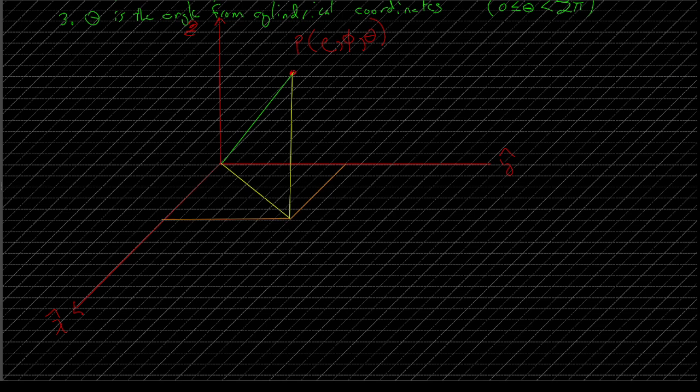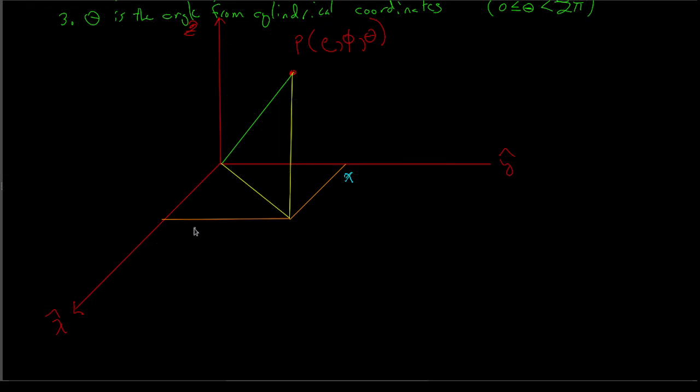All right, so first off, this is the x-coordinate. I think I can get rid of my grid now for a little bit. This is the y coordinate, and this is the z coordinate in Cartesian.